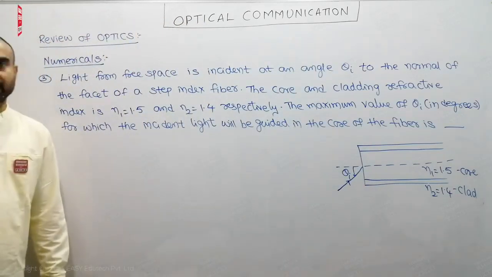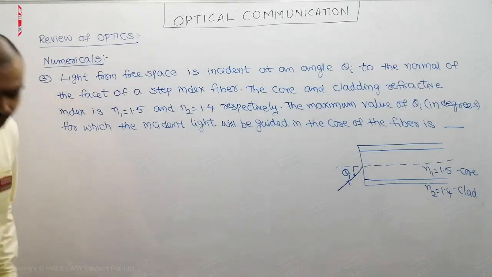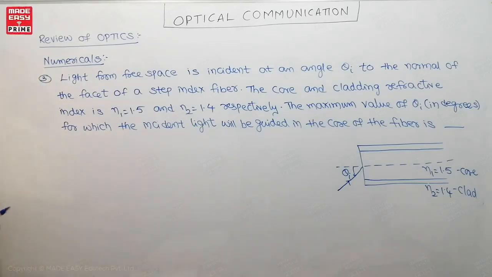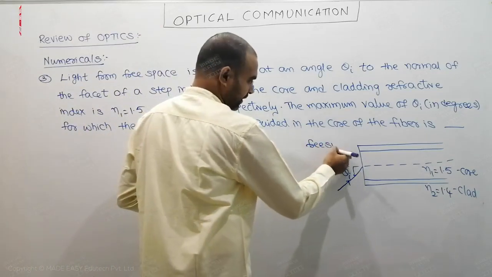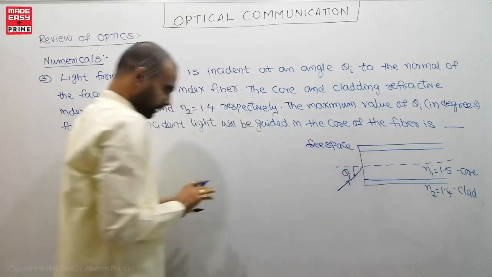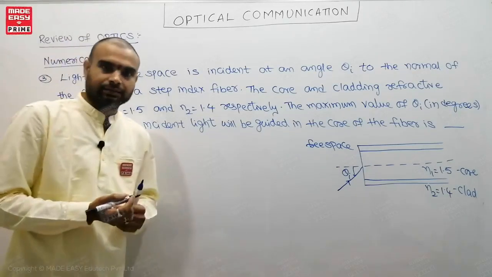The angle theta I is to be found. Solution for this: this part is called free space, and theta I is called the acceptance angle.